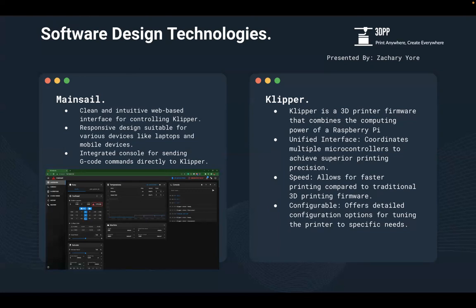And again, as mentioned before, the firmware of choice we decided to use was Klipper. Klipper allowed us to do most of the things we wanted to do, such as using Mainsail and KlipperScreen. And Klipper is one of the speediest printing firmwares. Most people will upgrade to this firmware just because of how fast it is.